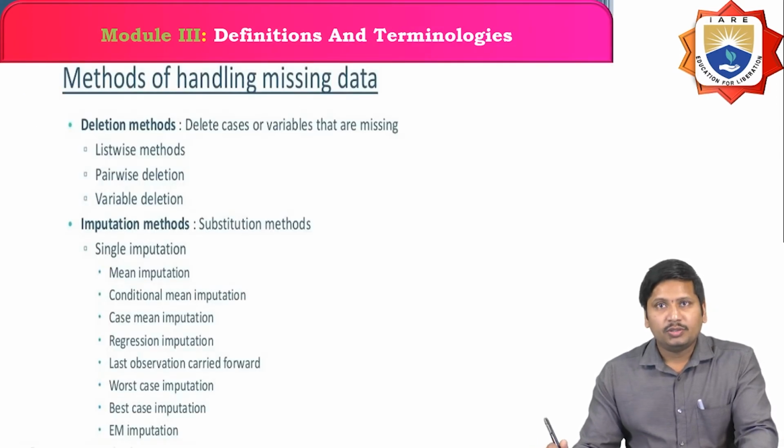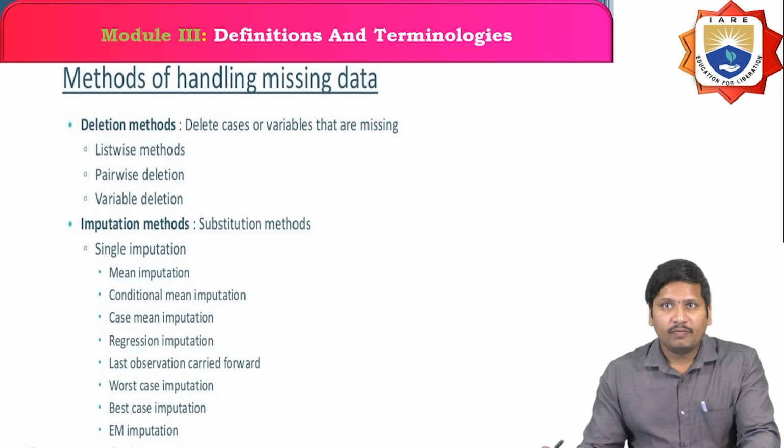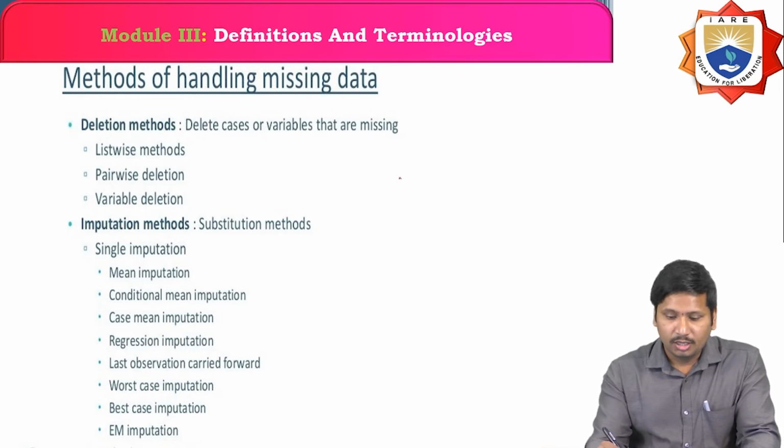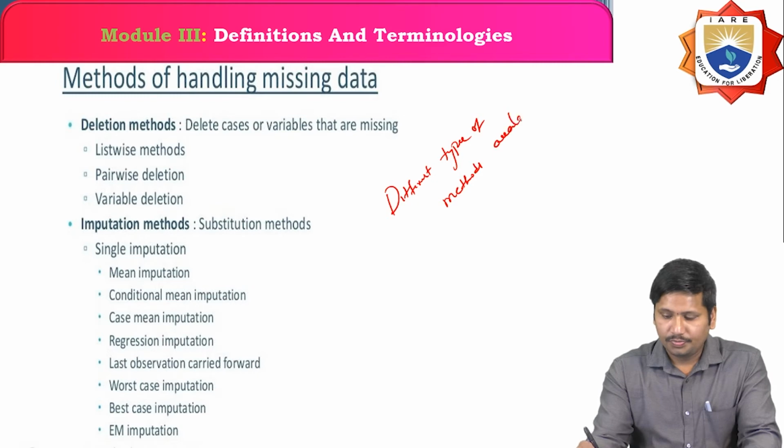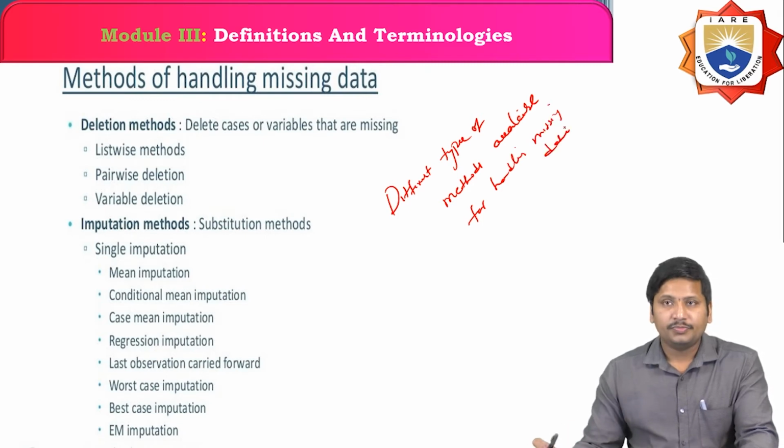And due to this, what are the different methods available for handling missing data?